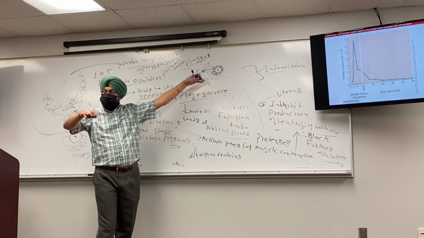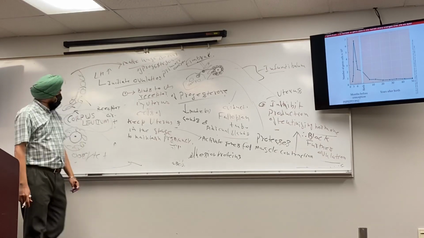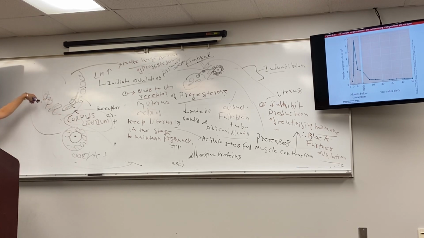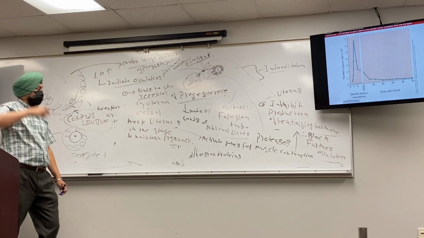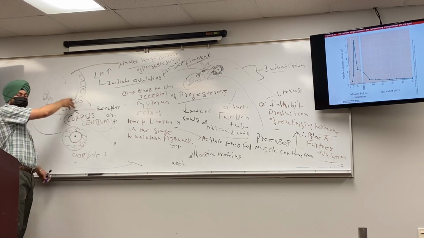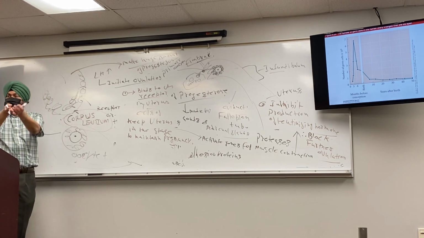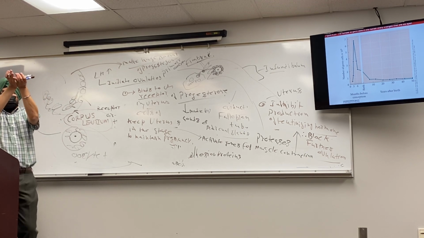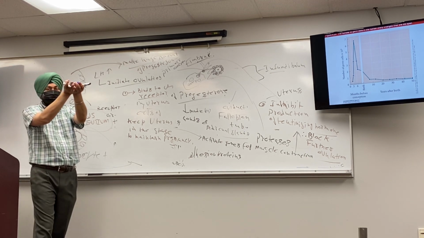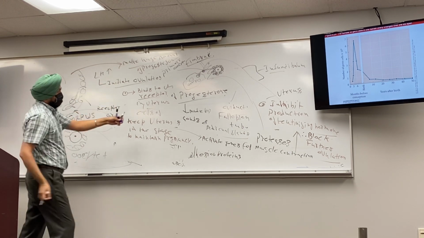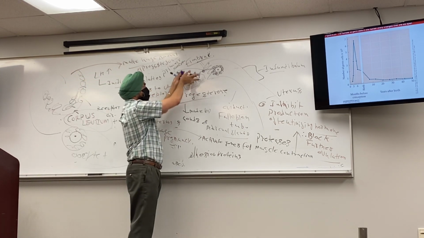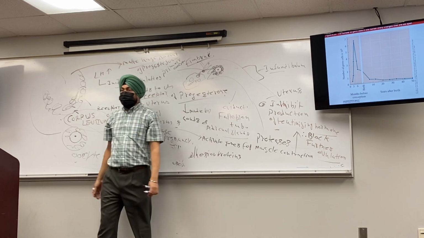Now the progesterone is made. What progesterone does, it binds to receptor here, and when it binds there, it activates the genes for proteases. They are going to break the cell adhesion protein so that the ovum with the cumulus cell can be released out. And then we said it also activates the genes for muscle contraction so that the oocyte can be released from here and can give the pulse here, right?